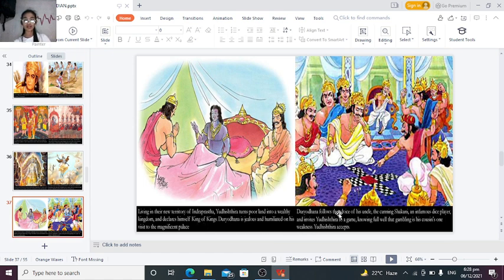So Duryodhana follows the advice of his cunning uncle Shakuni, an infamous dice player, and invites Yudhishthira to a game, knowing full well that gambling is his cousin's weakness, and Yudhishthira accepts.